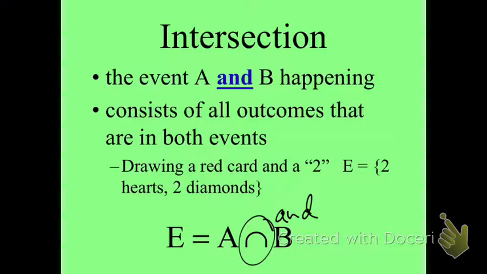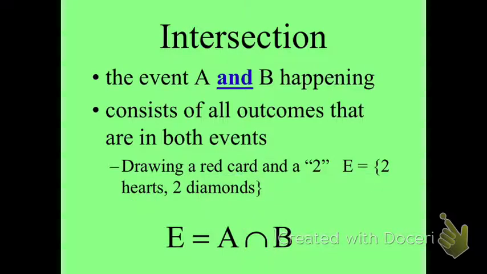So if I said an event where you have a prime number and an even number, then E equals {2}, because it's the only prime even number in this set of 1 through 6. In this case, the only red cards that are also a 2 are 2 of hearts and 2 of diamonds, because those are the only 2s that are red. It wouldn't be 2 of spades and 2 of clubs because those are black.